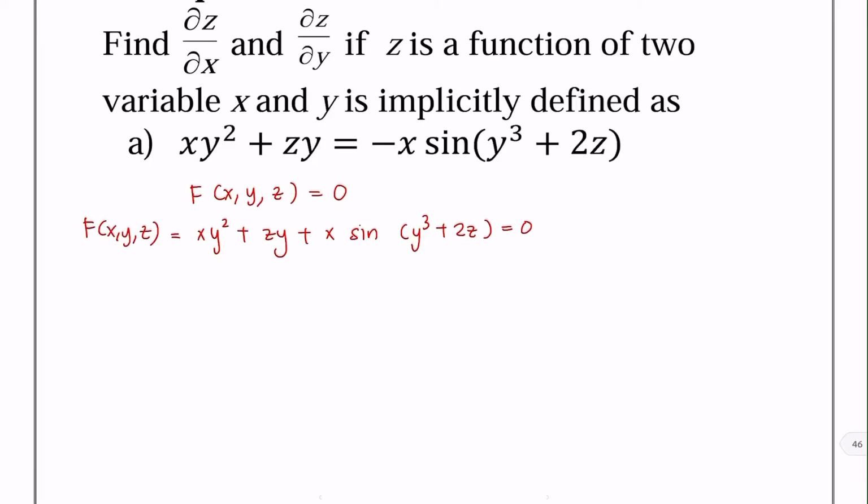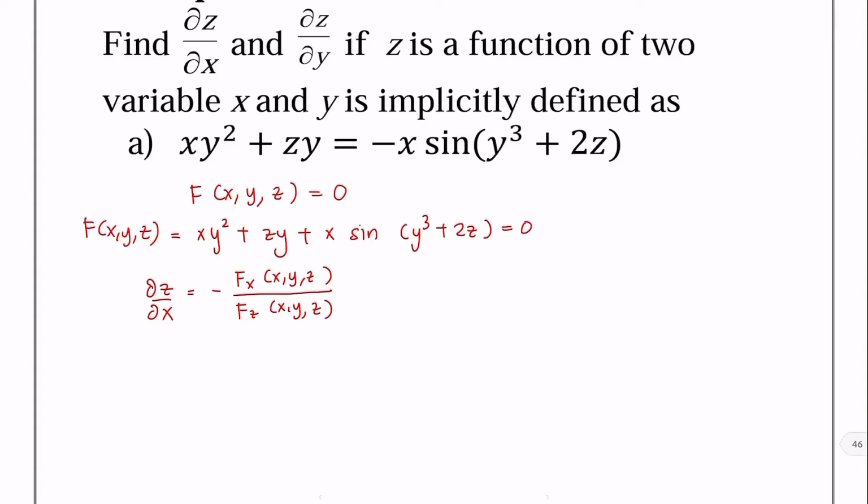Now we want to find del z over del x. What is the theorem just now? It is equal to negative f_x(x, y, z) over f_z(x, y, z).